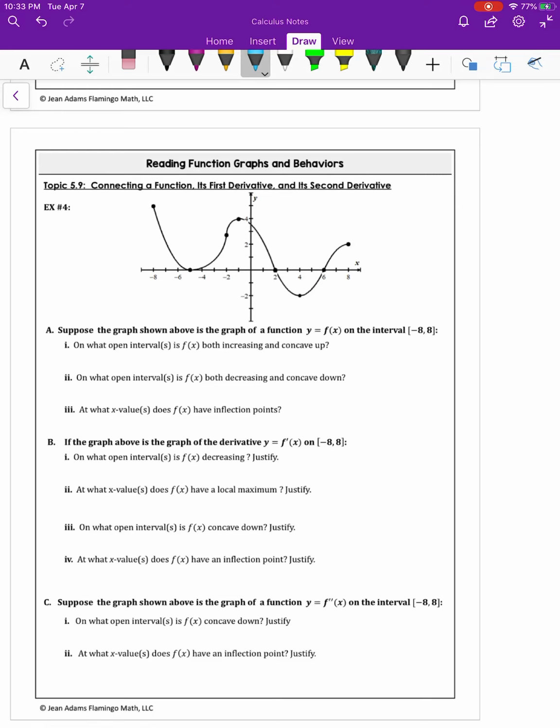Now, example number 4, connecting a function, the first derivative and its second derivative. Suppose the graph shown above is the graph of a function y equals f of x on the interval from -8 to 8. On what open intervals is f of x both increasing and concave up?